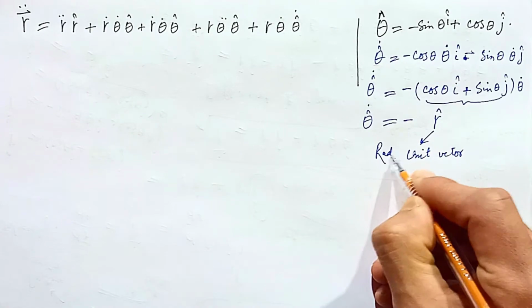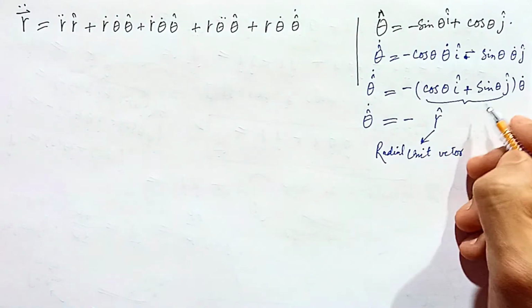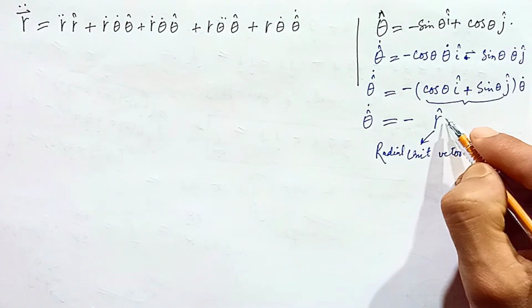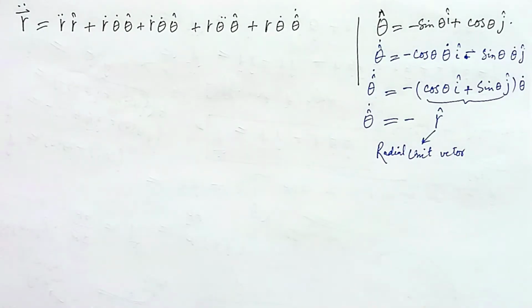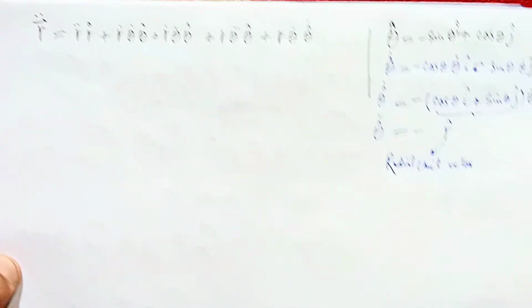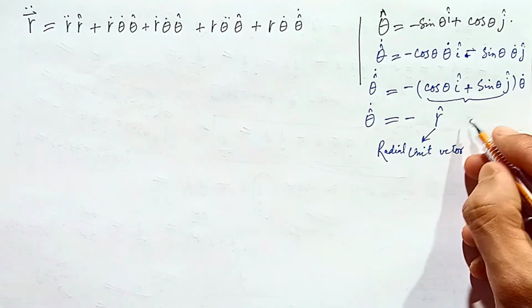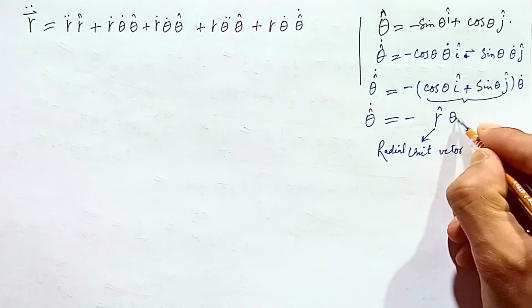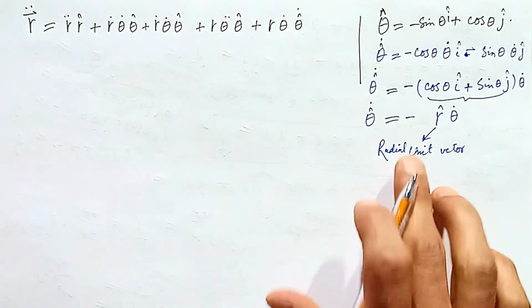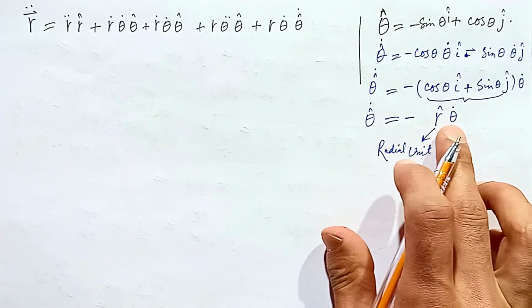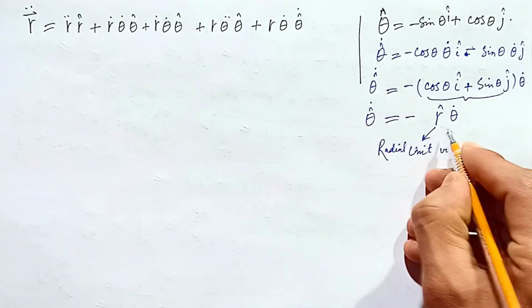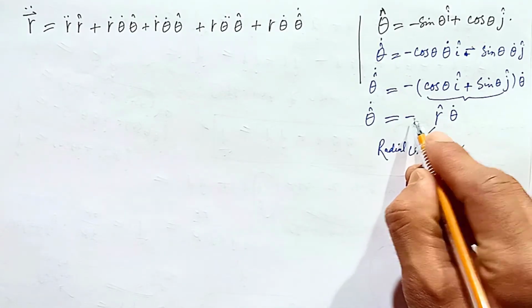Fine, this very thing is the radial unit vector. It's already shown to you in the earlier case. So r hat multiplied by theta dot, with a minus sign, this is theta hat dot.